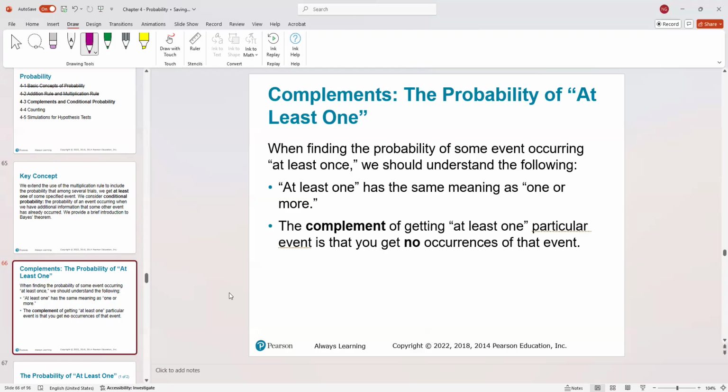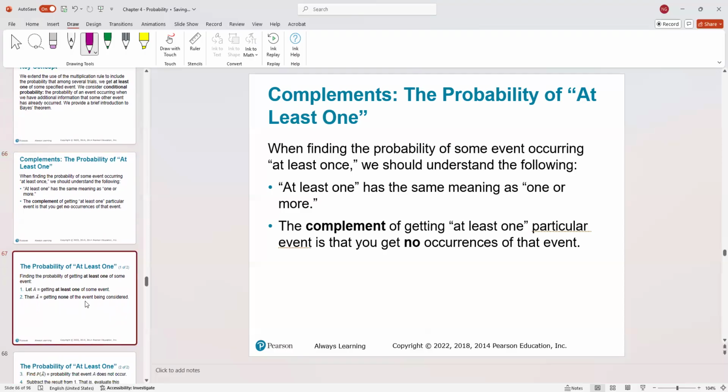For example, not getting at least one girl in 10 births is the same as getting no girls, which is also the same as getting 10 boys out of 10 births. They are all the same.